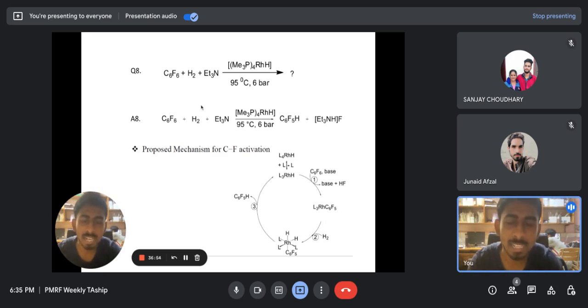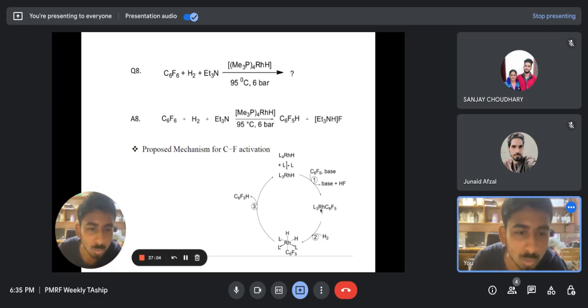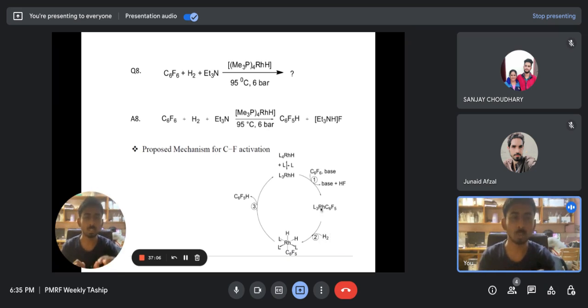Now they are putting severe hydrogen pressure, that is 6 bar pressure. Now with this hydrogen pressure, oxidative addition is going to take place, because this rhodium is present in oxidation state 1.